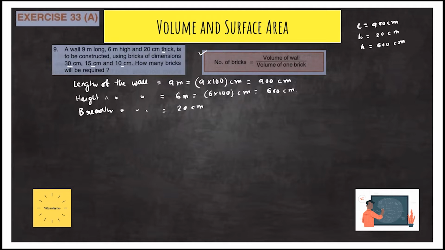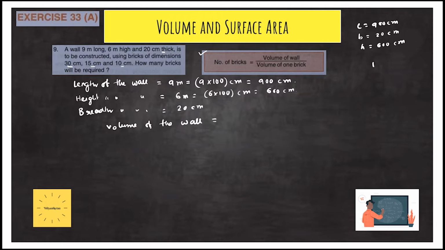Now volume of the wall. See here, number of bricks equals volume of the wall divided by volume of one brick. So first we need to find out volume of the wall.